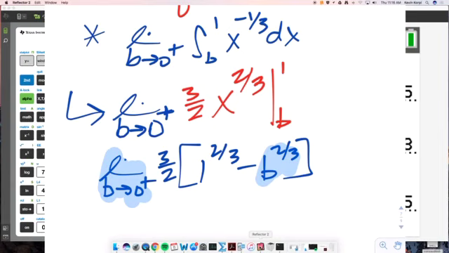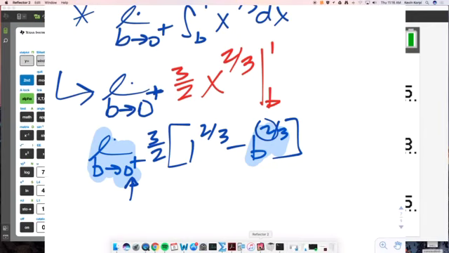You get 0, right? Now, if you wanted to know whether it's approaching 0 from the positive side or the negative side, you could just plug in a value just greater than 0, like a positive number. A positive number to the 2/3 is going to be positive. So we're approaching 0 from the positive side, if you're interested. But we still are approaching 0. So this is 1 minus 0, which is 1, and we end up with 3/2.